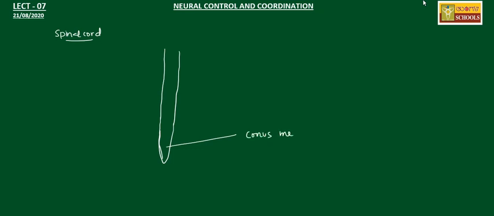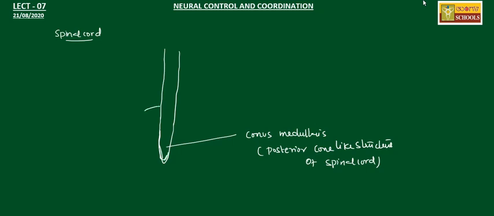So this is a posterior cone-like structure of the spinal cord. And of course we know from here there will be spinal nerves.